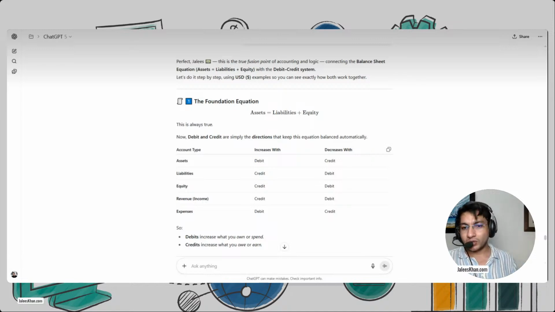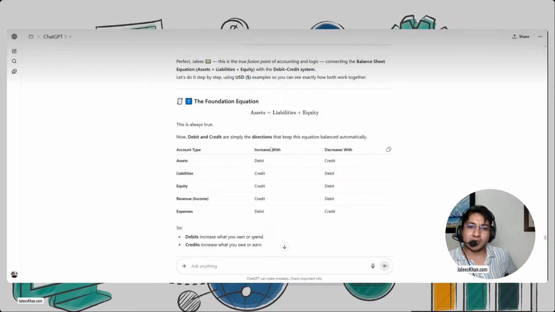So that's why my asset decreases with credit, and it increases with debit, such as when we receive something from someone, it is going to land in our account. So that's a debit. So it increases with debit. That's what my mind is making sense of.